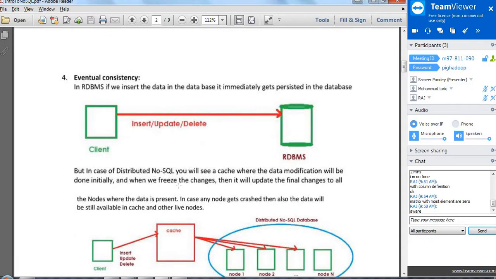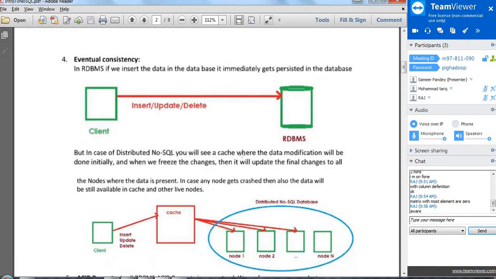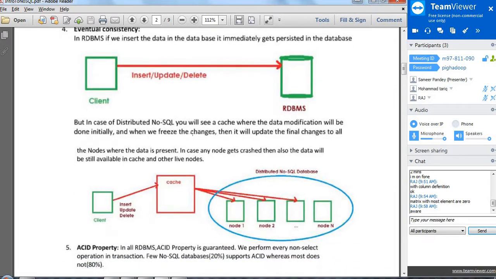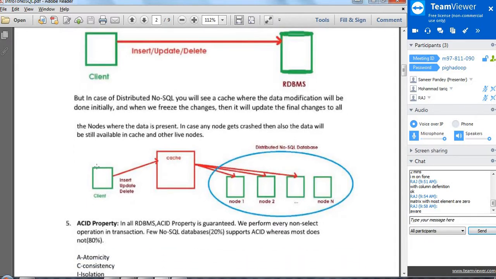But in a distributed NoSQL database, you will see a cache where the data modification is done initially, and when we freeze the changes, it will update the final changes to all the nodes where the data is present. What does it mean? Similarly, you have this client, which is nothing but an HBase shell, like we have the Pig shell.